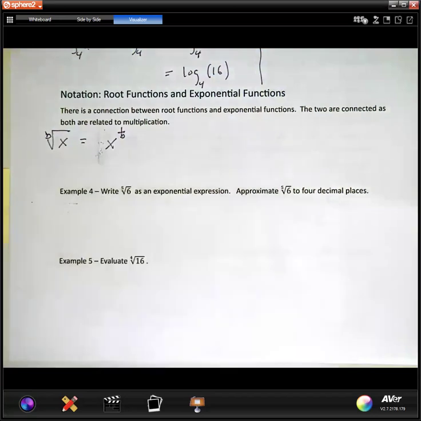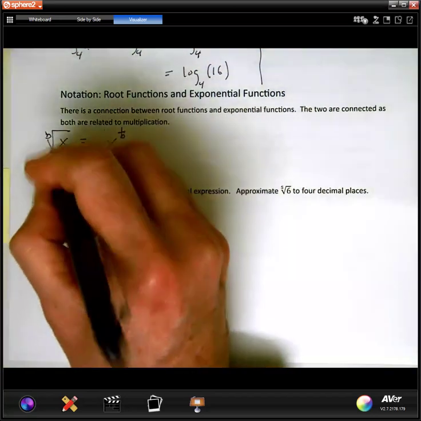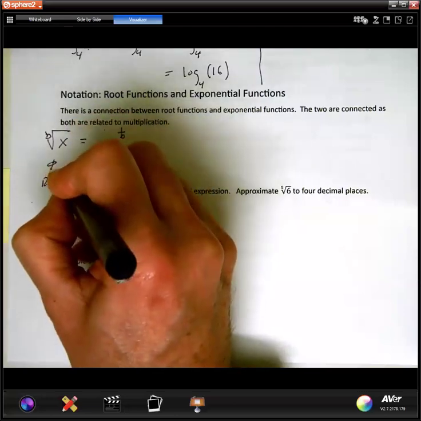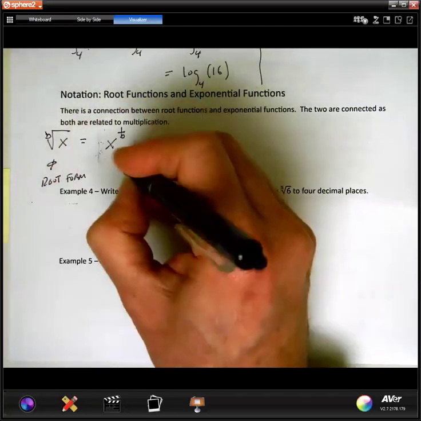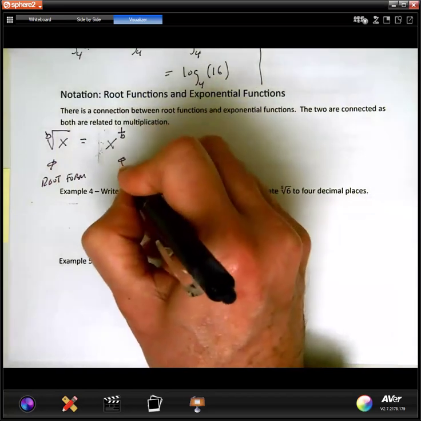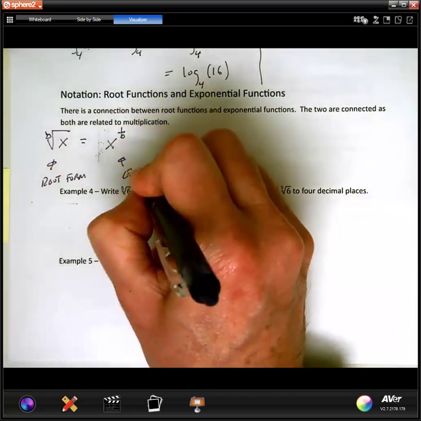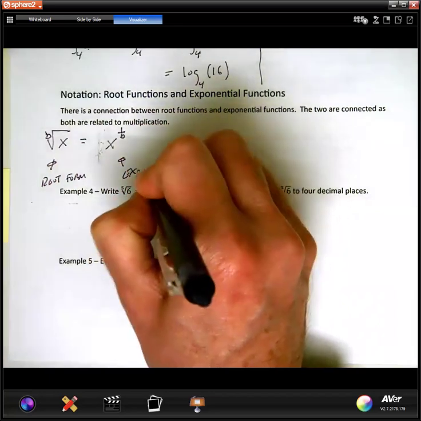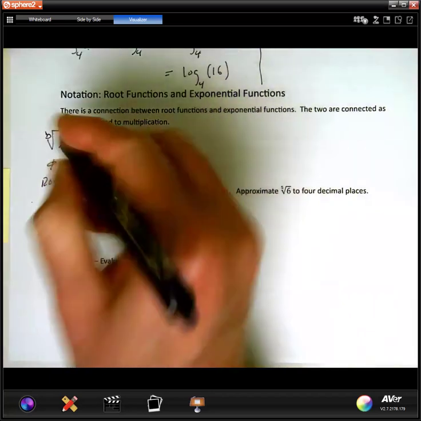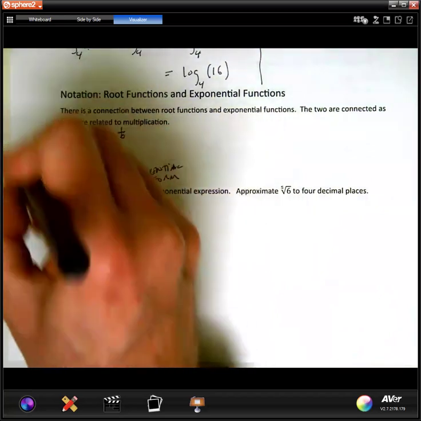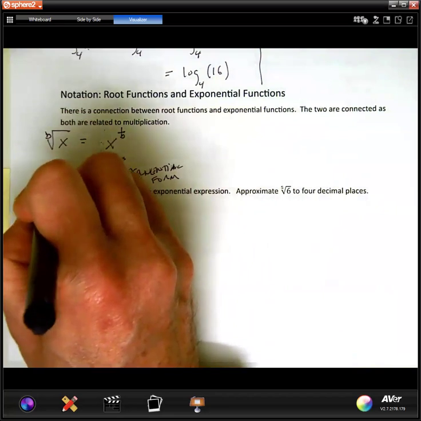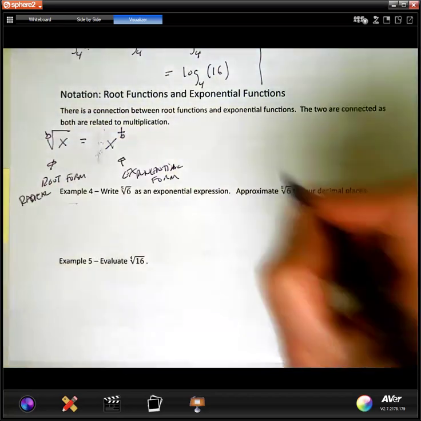So here you have the root form, the radical form, and this is the exponential form. The more proper name of it is radical. The radical form. Okay, great.